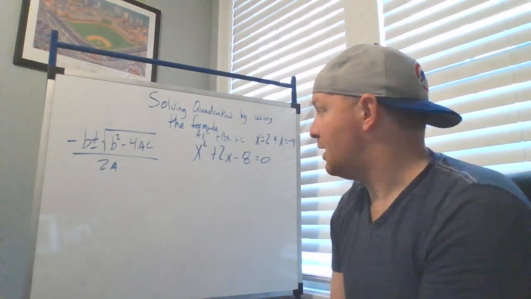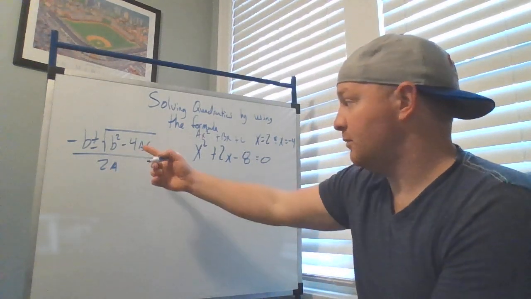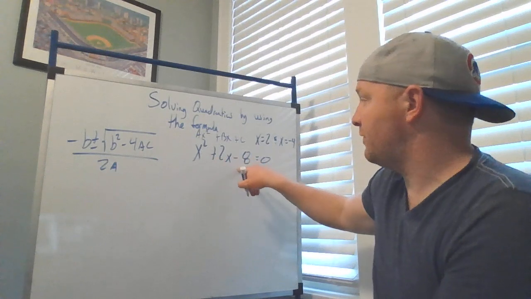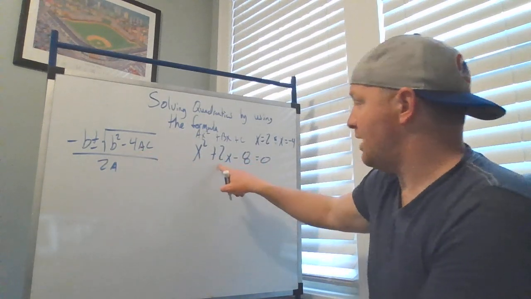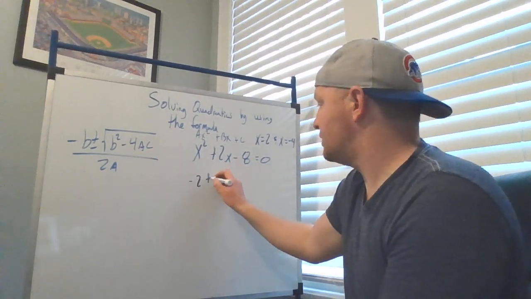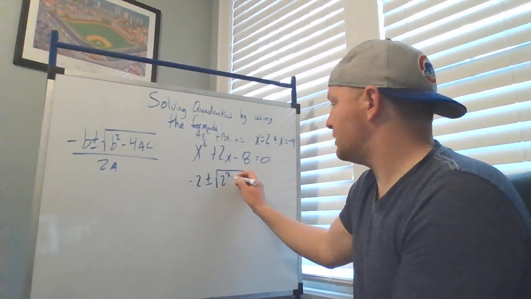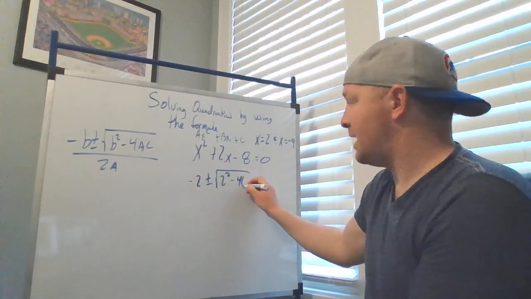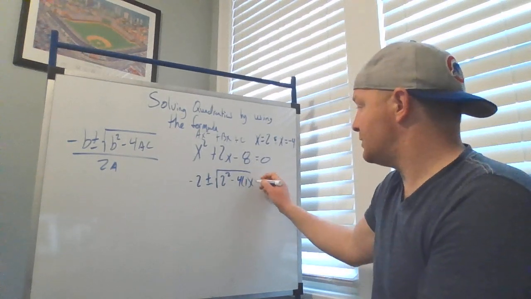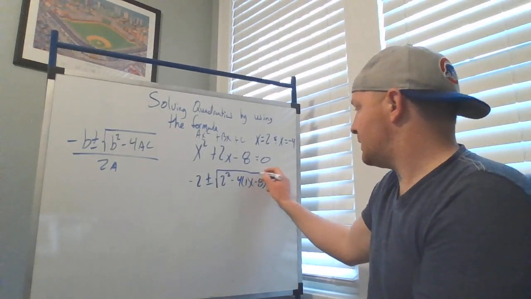So now that we have a formula and I know which coefficients line up with which letters, well, the opposite of b is -2 plus or minus the square root of b² - 4ac. I'm going to write this all out. Okay?